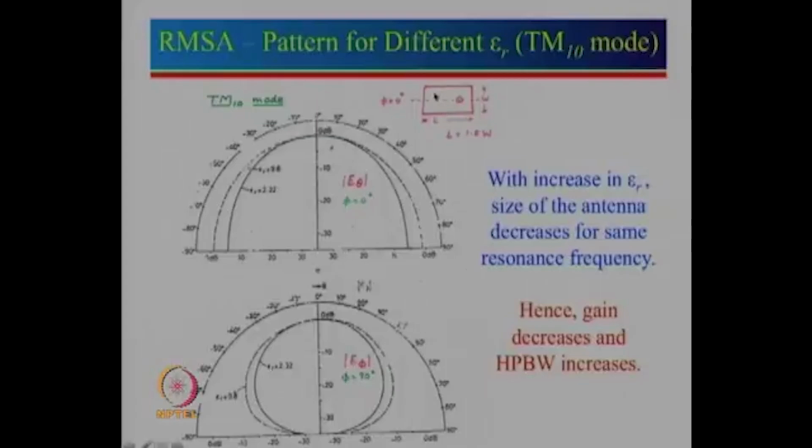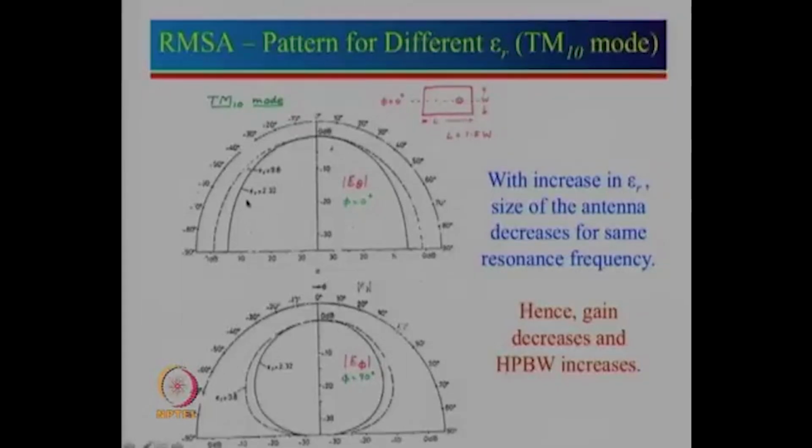Here is a simple patch, with slightly different dimensions. Here length is much larger than W; L is about 1.5 W. But what is shown over here is the radiation pattern for two different values of epsilon r: 2.32 and 9.8.